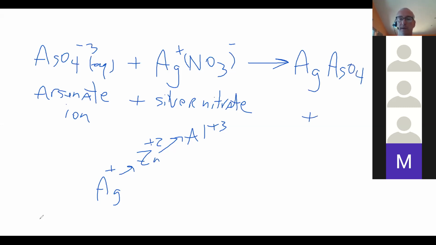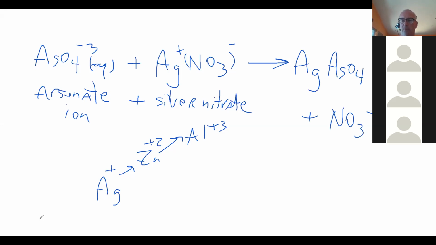And nitrate is going to be left over, aqueous. Now the question is, is this a balanced reaction? No, there's a problem with this, isn't there?